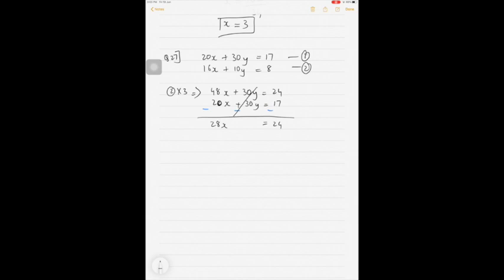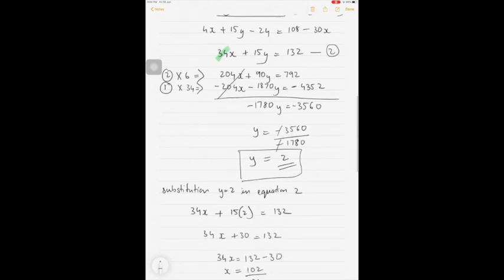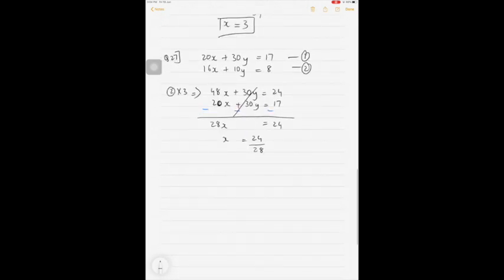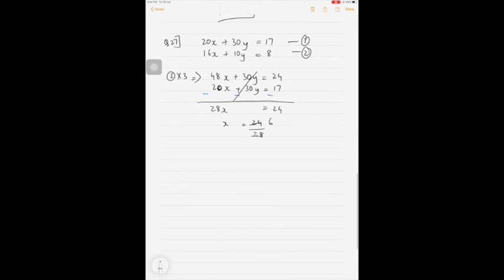So 28x is equal to 24. So x is equal to 24 upon 28.